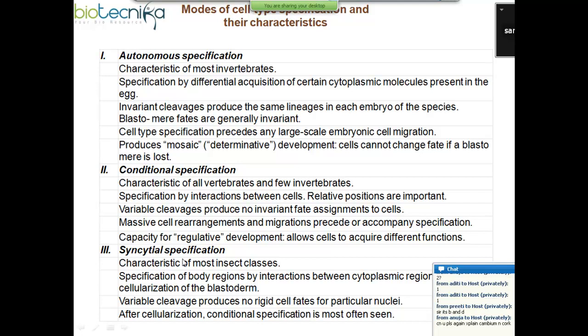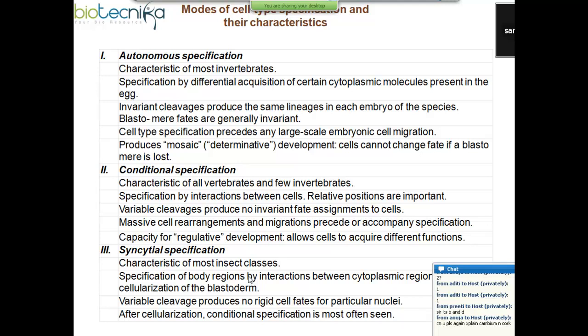Syncytial specification is mostly in insects, that is your entire homeotic genes, pair rule genes, segment polarity genes; that is how it will be produced. So these are the different patterns of specifying. It is just like when you build a house. Some people will go to a civil engineer and then they will have a plan. Some people build it as they go, and we'll see afterwards. Some people come with very good preparation, some people will not be that well arranged.